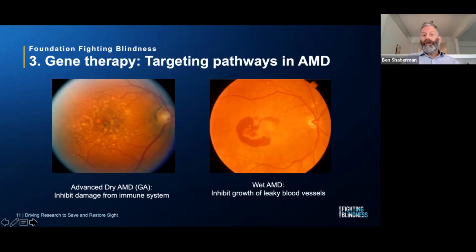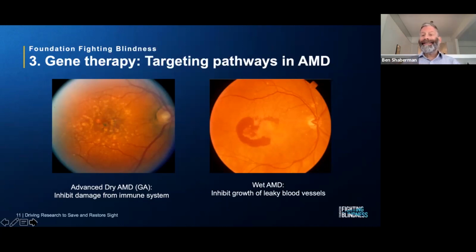As many of us know, the dry sometimes converts to the wet form of AMD. And the wet form is characterized by the growth of these leaky blood vessels underneath the retina that cause ultimately the loss of photoreceptors. Wet AMD tends to be a quicker condition.